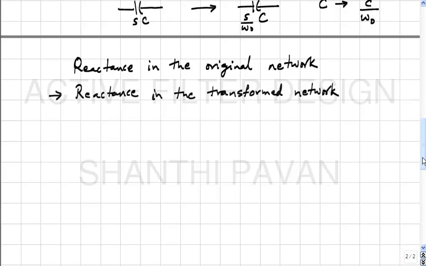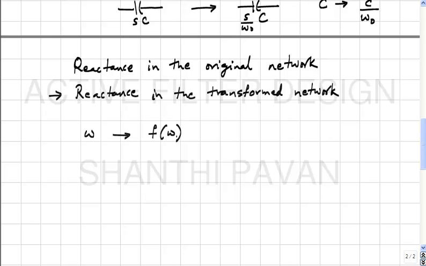Correct? So now, we can take this to the next level and say, is there an f of omega? If I replace omega in the original network or the original transfer function by some f of omega, can you tell me what conditions f of omega must satisfy in order that the network is physically realizable?